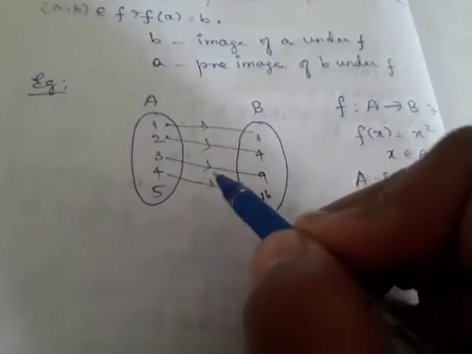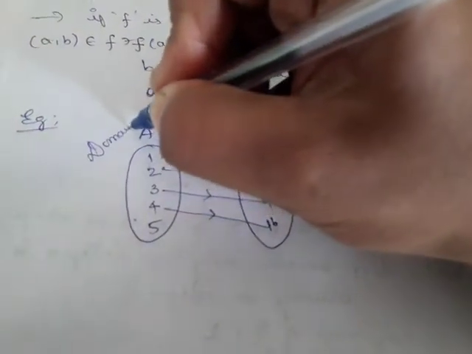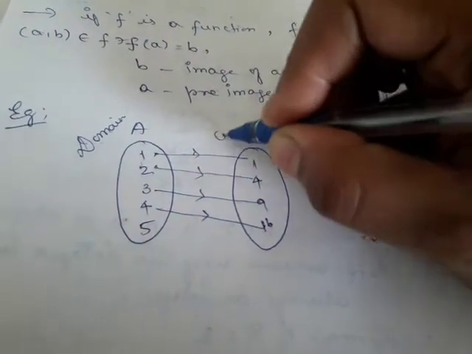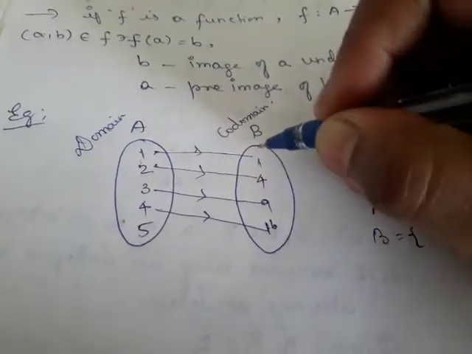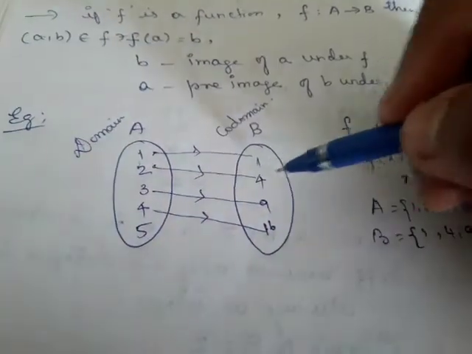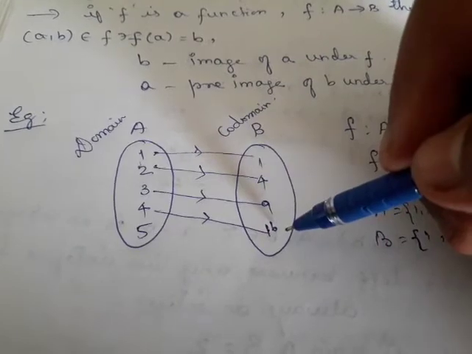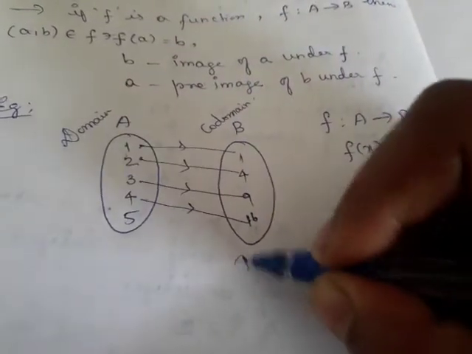Then only we know which is the domain and which is the codomain. Now we will call set A the domain and set B the codomain, and these are all called images and these are all called pre-images, and we know there is another name for these, which is range.